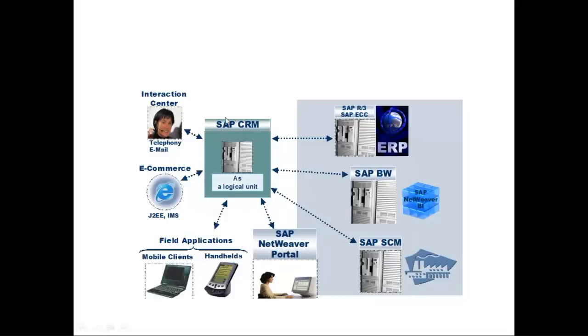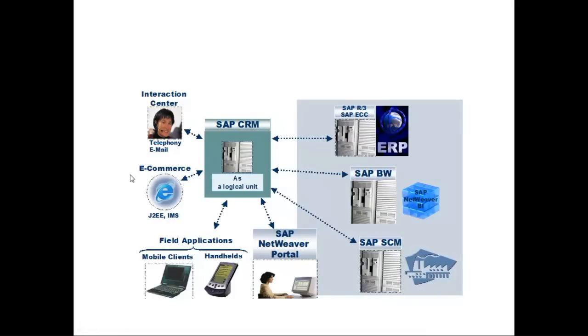This central server consists of the CRM business data, which can be accessed by the interaction center agent through telephony or email, where the business function is carried out via telephony conversation or email conversation with the customer.